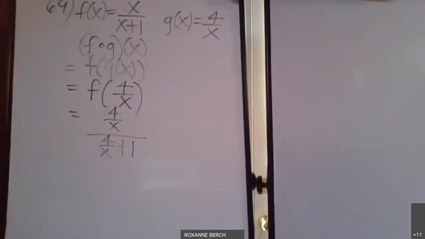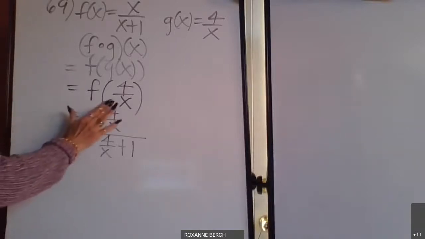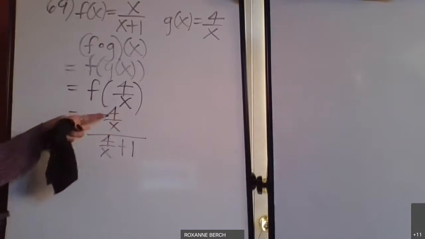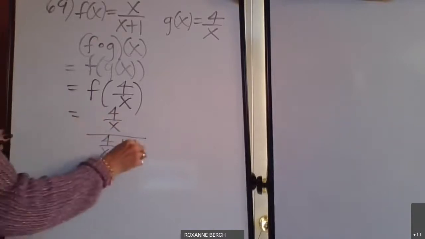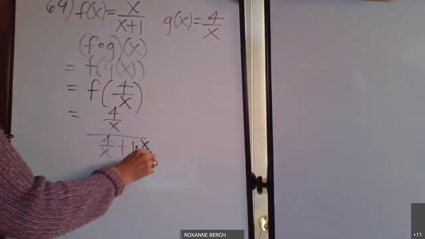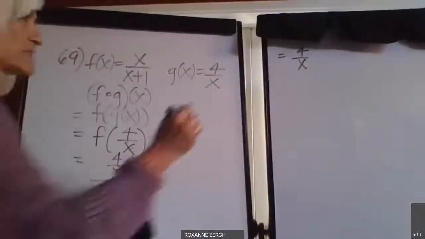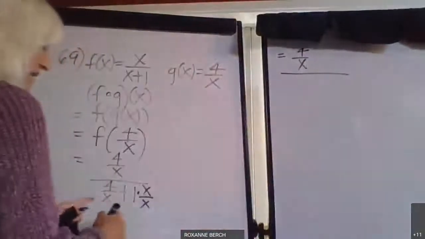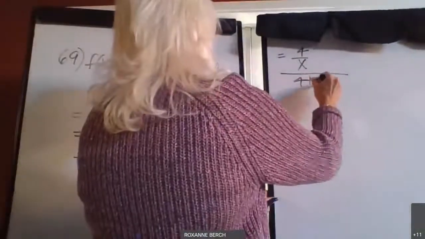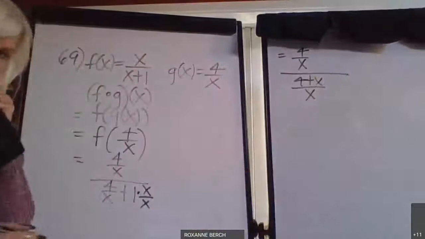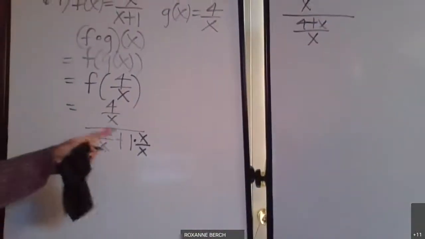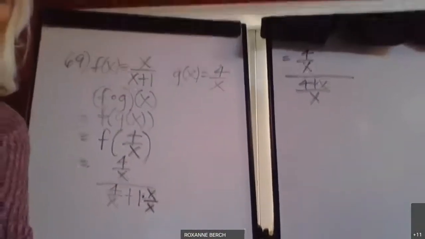Now, this is a complex fraction. And so you cannot leave the answer like that. So what we have to do is, this one on the top is simplified, but on the bottom, we're going to have to get a common denominator. So this is going to be 4 over x divided by 4 plus x over x, right? 4 plus x over x, a common denominator.